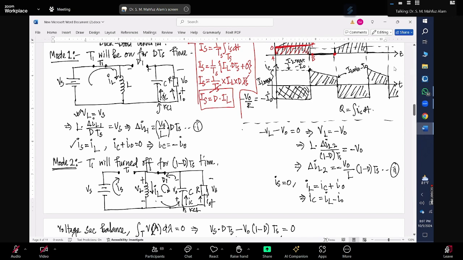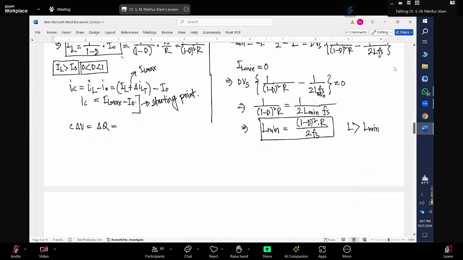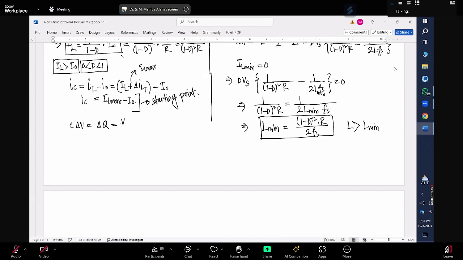Minus I naught Ts. If I take the magnitude, that should be minus I naught, so we can call it V naught over R multiplied by D into Ts, right?